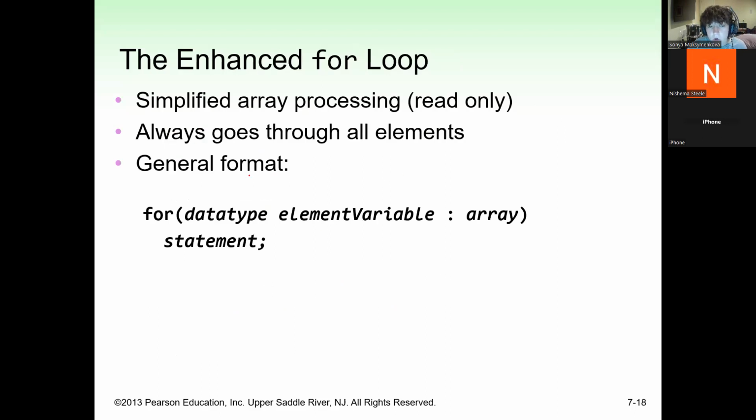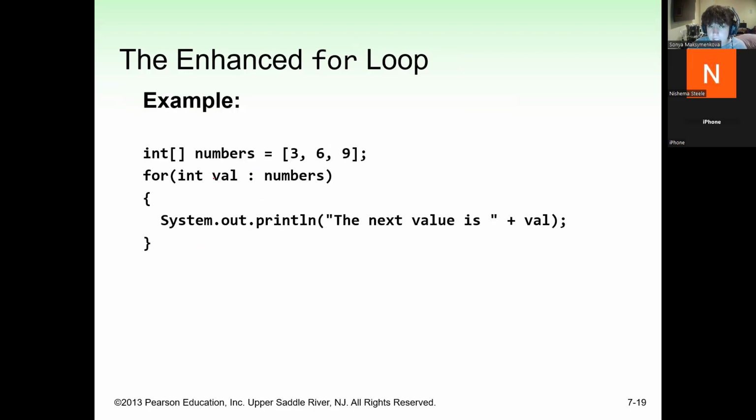You can also, so this is an enhanced for loop. This is a simplified way to process your array. And this loop will always go through all of your elements. And here is the example of that. In this case, we have an integer array called numbers that has numbers 3, 6, and 9. So this is the way you would write your loop to go through your whole array.